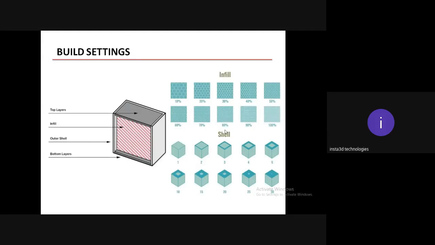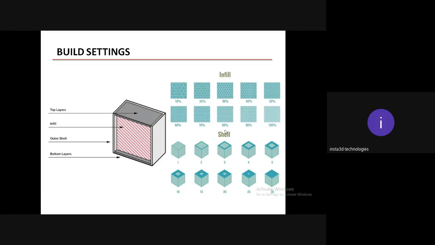In the upcoming slide, I will mention what infill parameters you can set, what infill density you can set, and what infill structures you can have in 3D printing. Okay. And number of shells, if you consider shell, 1 shell, 2 shell, 3 shell, 4 shell.